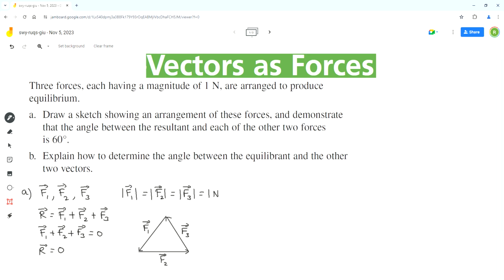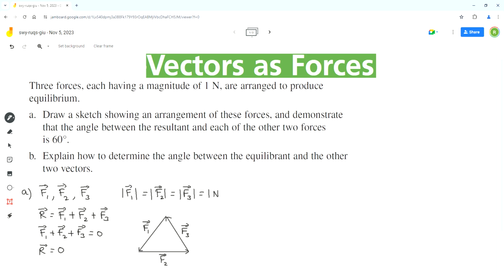So there is a very important concept we need to understand and memorize about forces in equilibrium. So we are done with the first part of part A. Now we have to demonstrate that the angle between the resultant and each of the other two forces is 60 degrees. If we want to show the resultant for vectors F1 and F2, the resultant will be represented by the third side in this triangle.